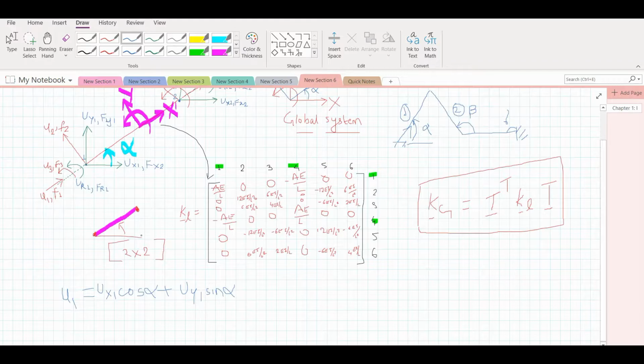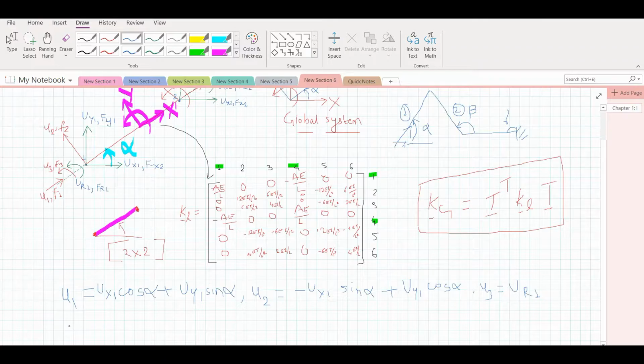Similarly, you can find u2 as well, which is equal to minus ux1 sin alpha plus uy1 cos alpha. Our u3 will be equal to ur1.